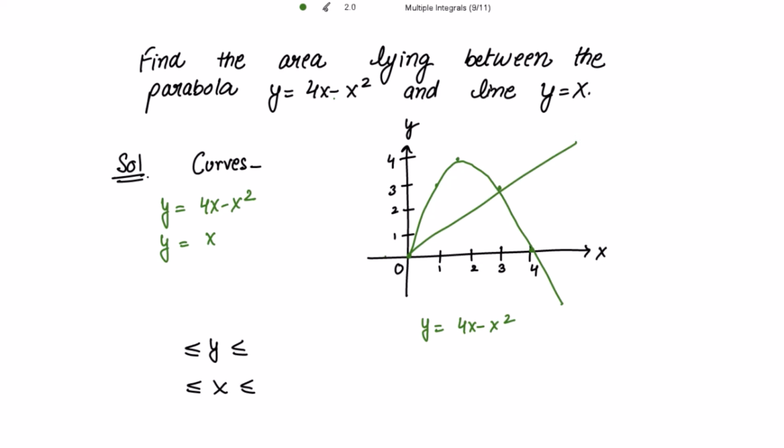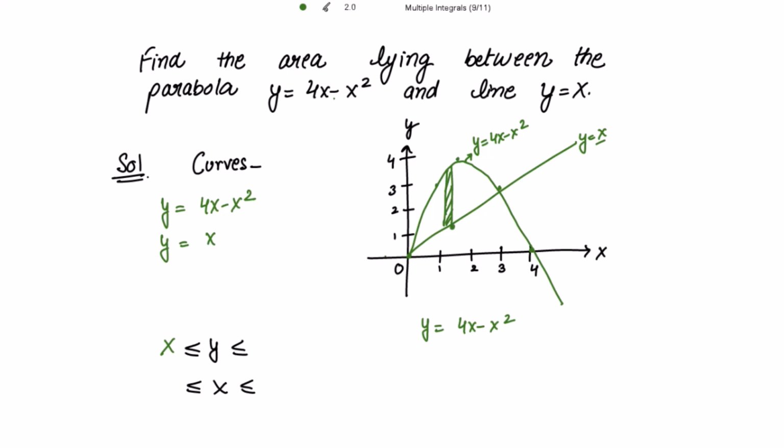Now to find the point of intersection, this is your line y equal to x and this is your curve y equal to 4x minus x square. Now if you notice here, the limits for y are, because this is y equal to x, we put this as a lower limit. First we need to draw the strip, as the values of y are in the form of x, so the strip will be parallel to the y-axis, right?